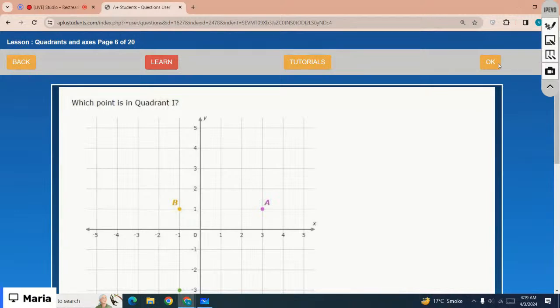Which point is in quadrant 1? Which is the correct option? The correct option is A. Sorry, point A is in quadrant 1, right?